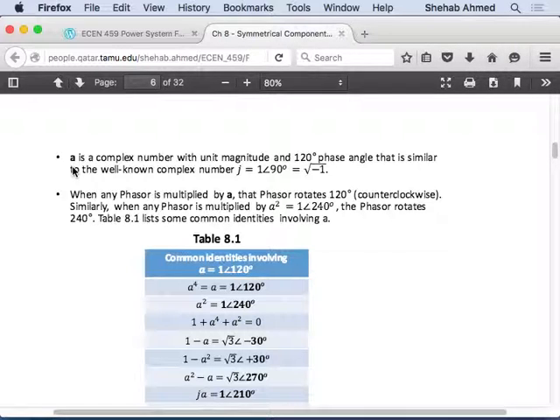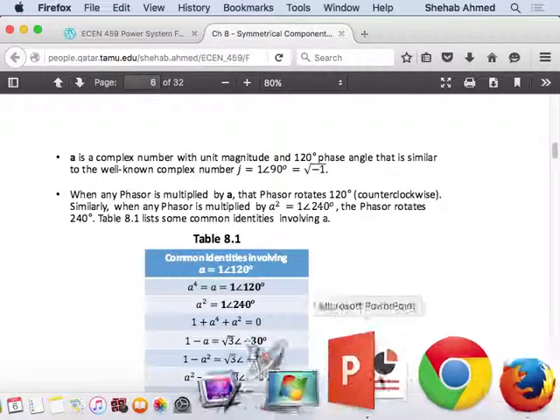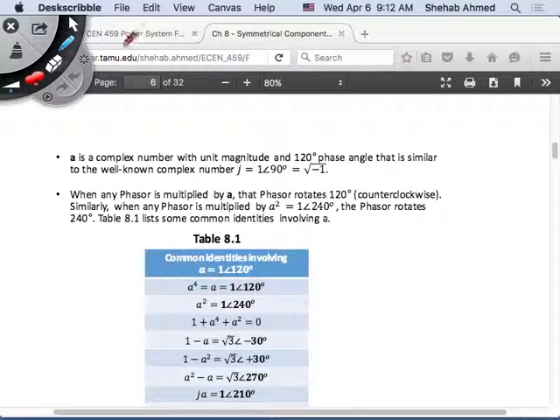What does that mean? It means that the fault that I have is not causing current to flow in the neutral, so it's not going to be a fault connected to ground. There's no connection. It can be a line-to-line fault, but no connection to ground.